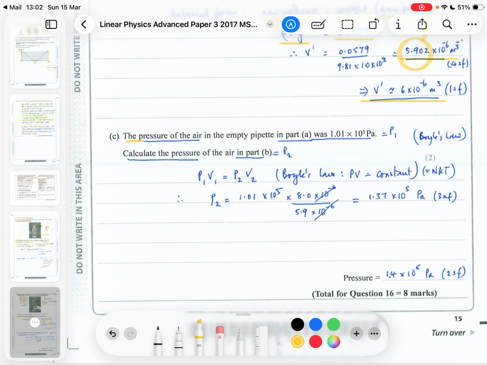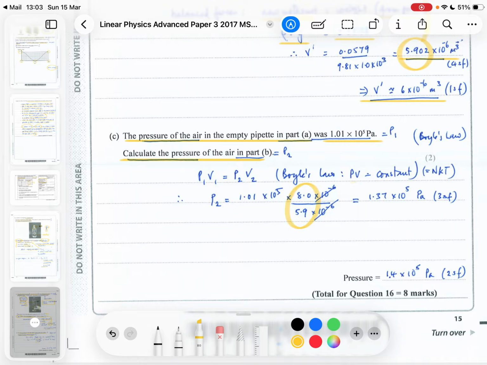So the pressure of air in the empty pipette in part A was this much. So we know pressure at 1. They want you to calculate the pressure of the squashed air. Well, it's going to become 3/4, surely. So it's going to be squashed to 3/4 of the volume. So the pressure will increase by an 8 to 6 ratio, but I put the accurate value, yeah?